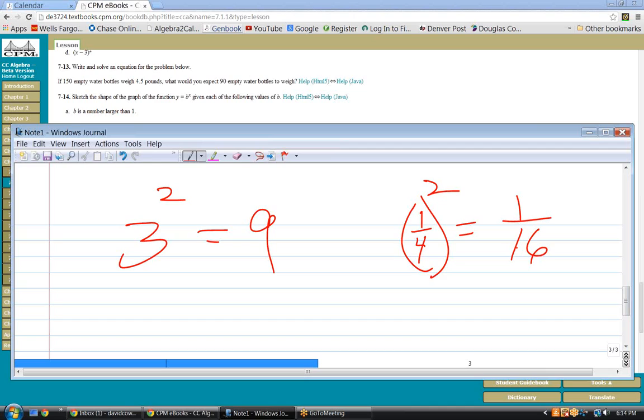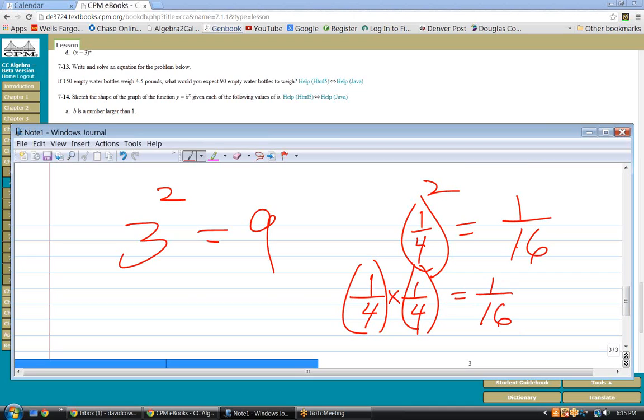I'm confused. Okay. Well, I got the concept of 3 squared equals 9. But when you start throwing in fractions. Well, 1/4 squared means 1/4 times 1/4. It's straightforward. And when you multiply fractions, you multiply numerators and you multiply denominators.